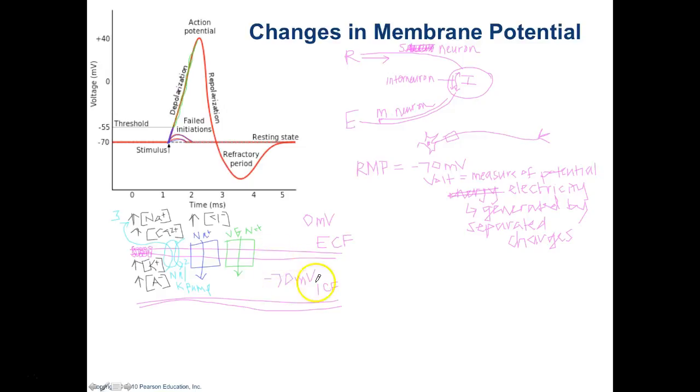What's that going to do to our negative 70 millivolts? It's going to turn positive real fast. So we go from the negative 55 threshold at this point up to positive 40 millivolts, causing our action potential to take place.